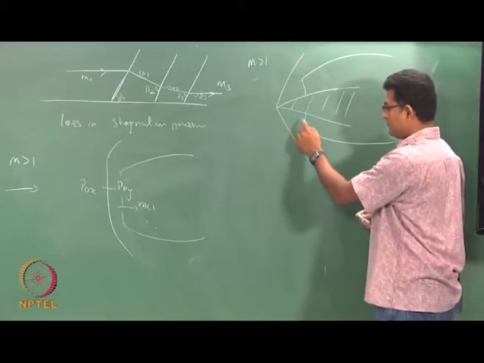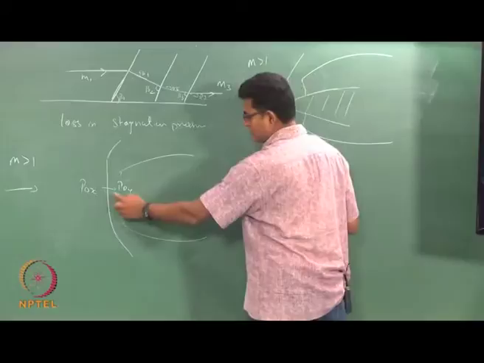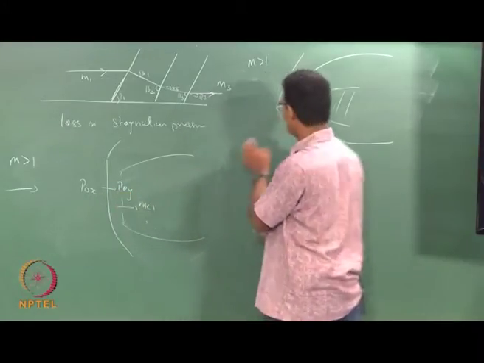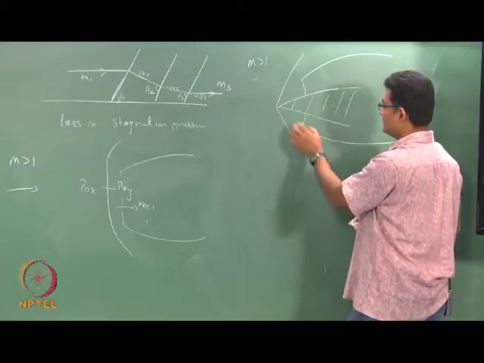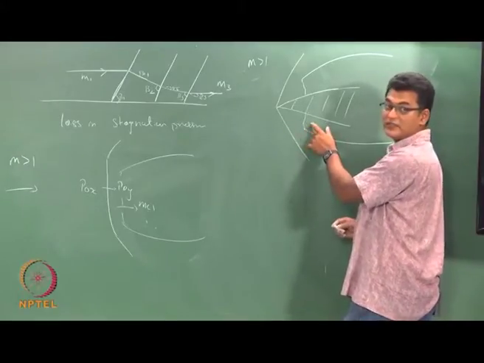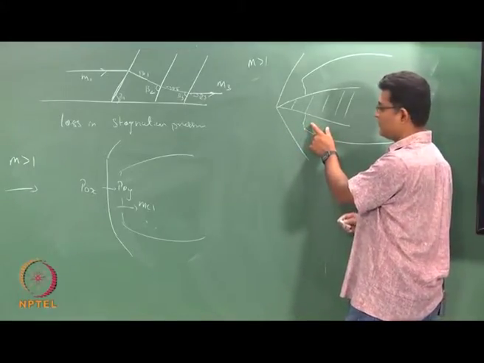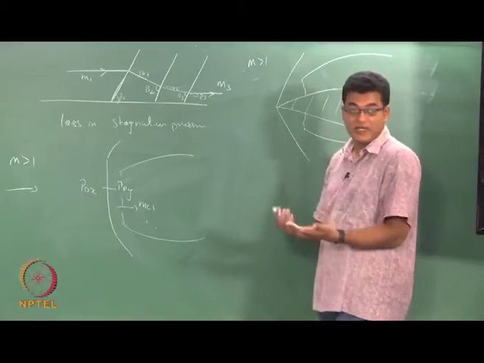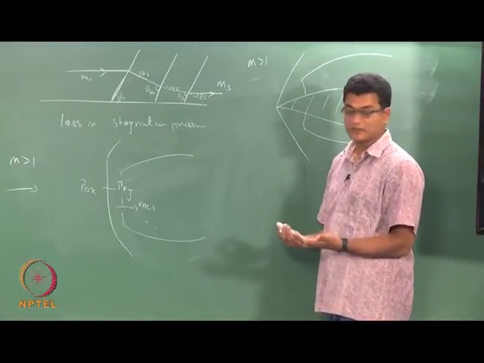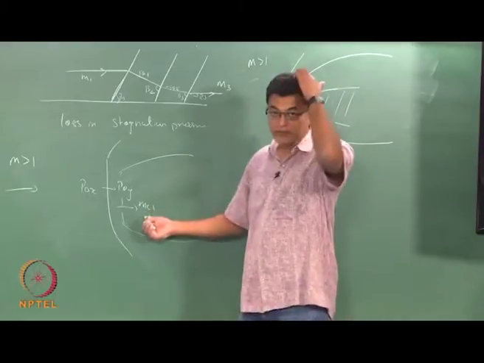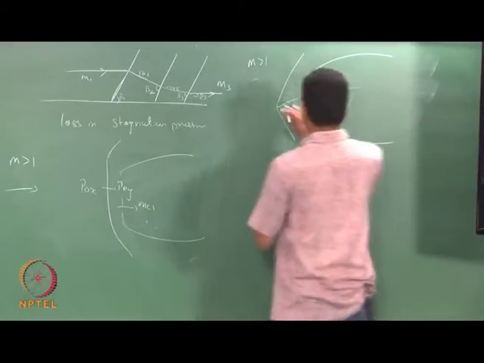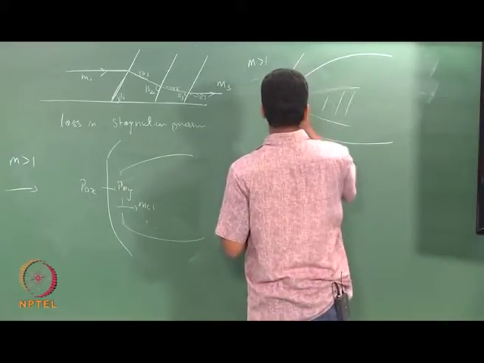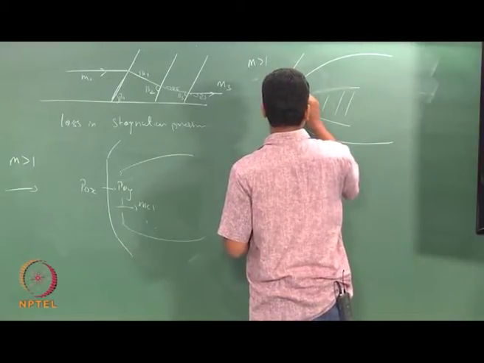So the pressure jump, the pressure P0x to P0y is done in a series of shocks. So your P0 you can reduce to a very minimal value, or you can retain your P0 as much as possible even when reducing your Mach number to something subsonic. So instead of these two shocks, I can have yet another series of oblique shocks.